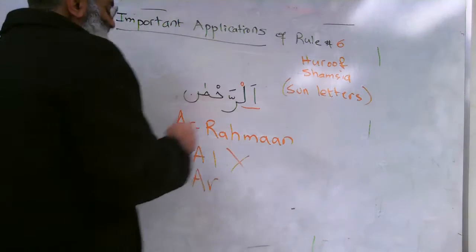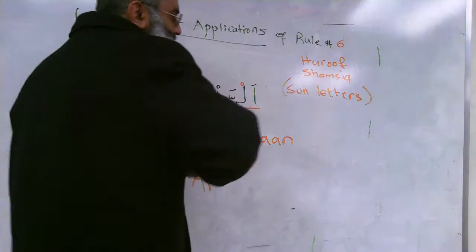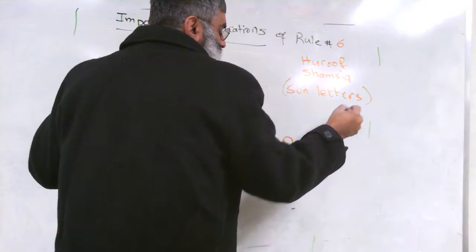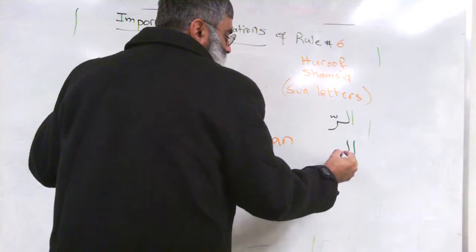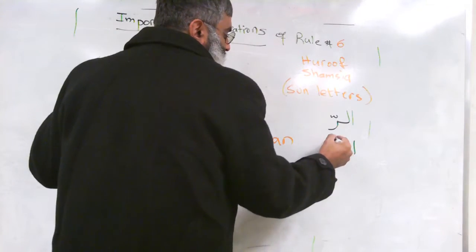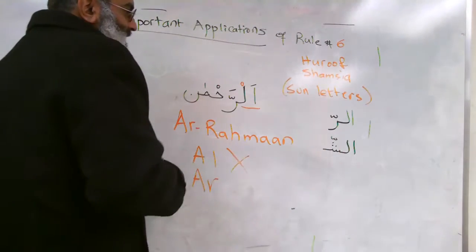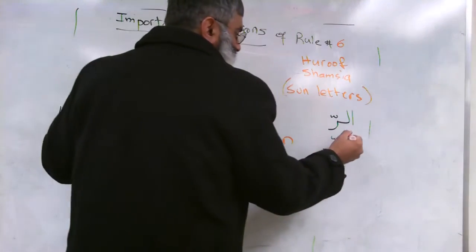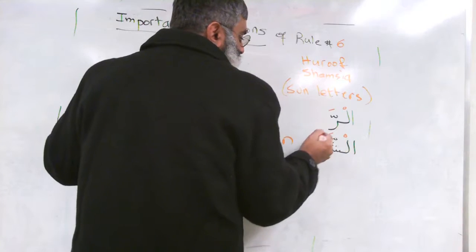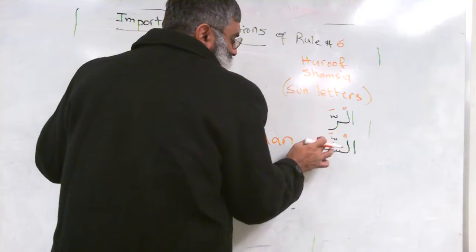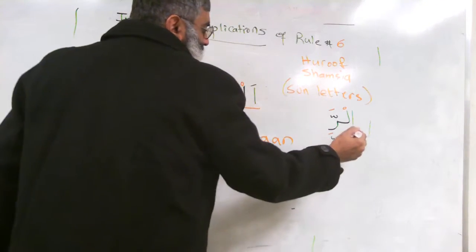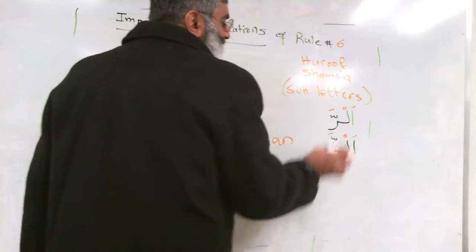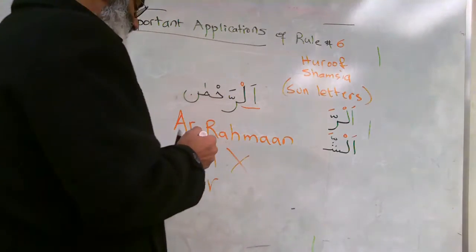So huruf shamsiya, all of them, will come after alif lam and they would have a shadda. You notice here Ra, Sheen, and there's another list of 12 to 16 letters. Lam will have sukoon, and both of these letters have shadda, so they are read as ar, ash. Lam is never pronounced.